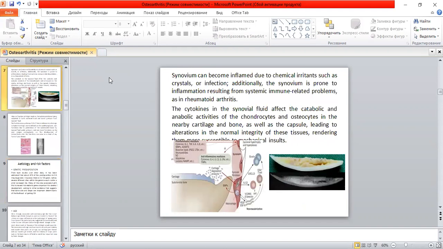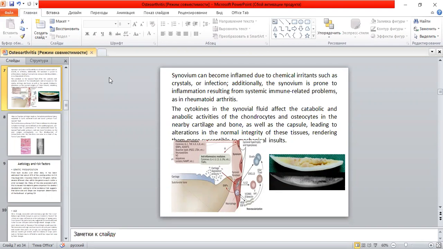Synovium can become inflamed due to chemical irritations such as crystals, or infection. Additionally, the synovium is prone to inflammation resulting from systemic immune-related problems as in rheumatoid arthritis.